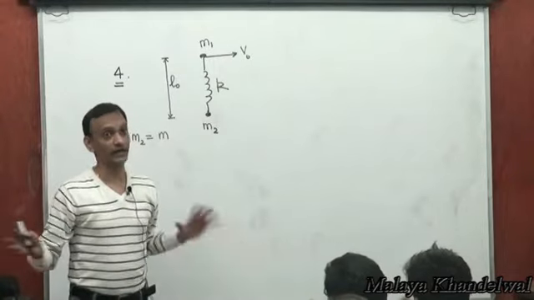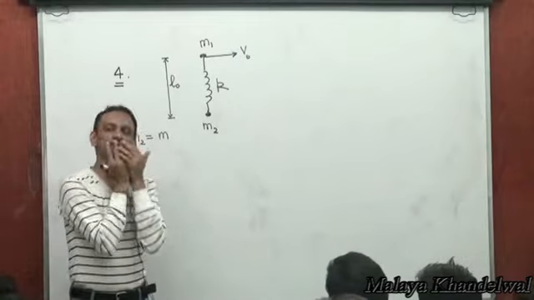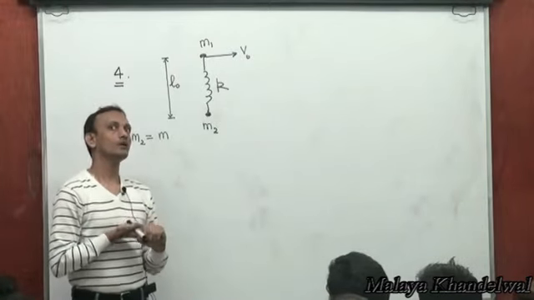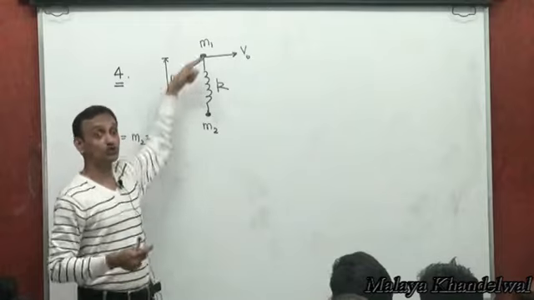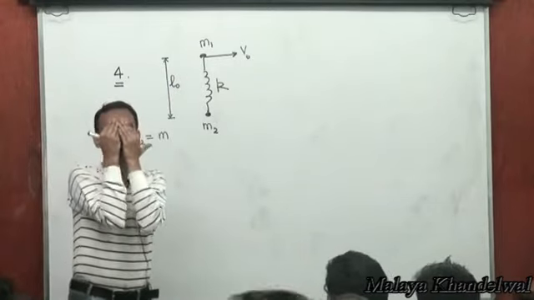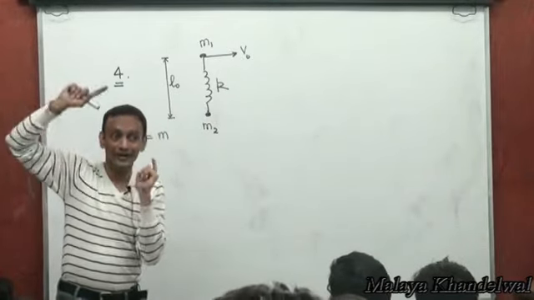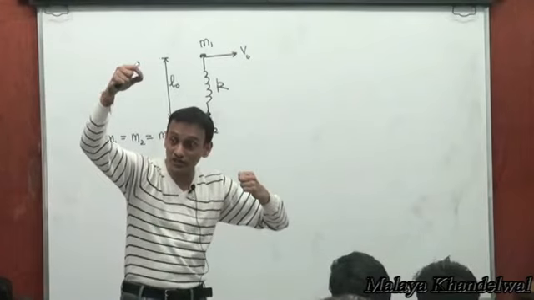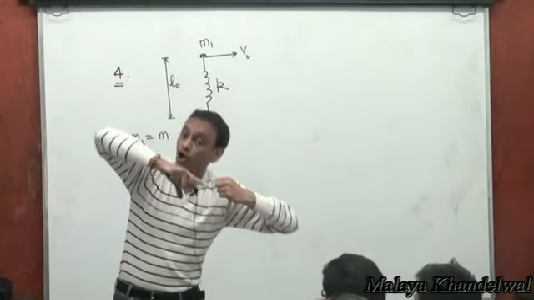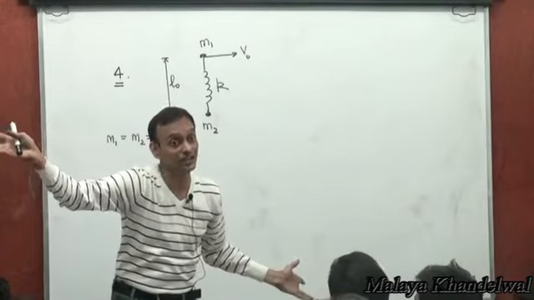The spring elongates, continues to elongate, such that the relative velocities of the two masses along the spring will become zero at some point of time. After that, the spring will not elongate any further.